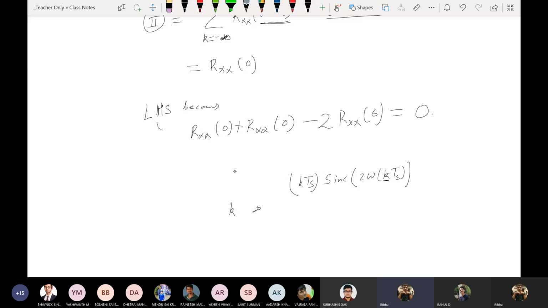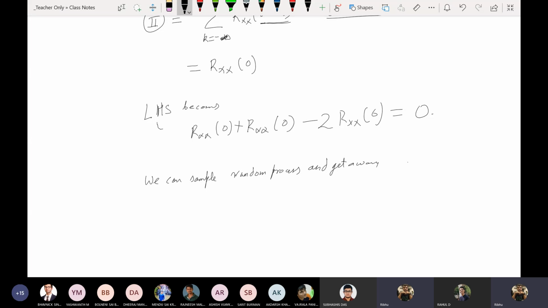So this proves that we can sample random processes and get away with it in a mean squared sense.